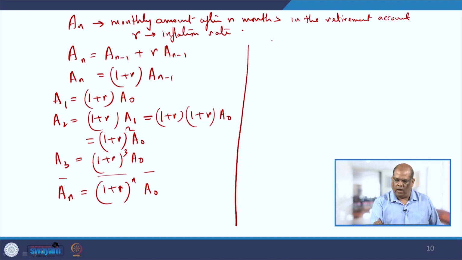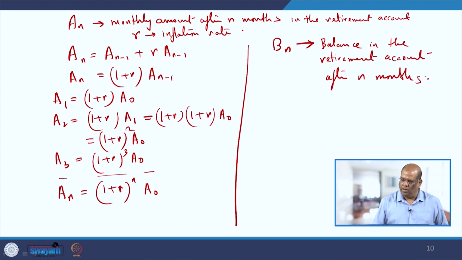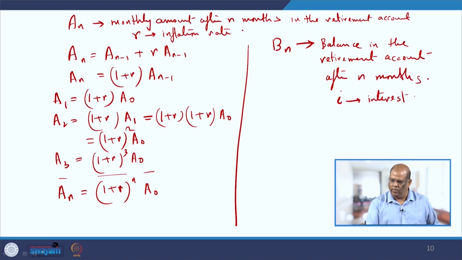Let us take another variable Bn. This gives the balance in the retirement account after n months, and let I be the interest rate and B0 be your initial value.